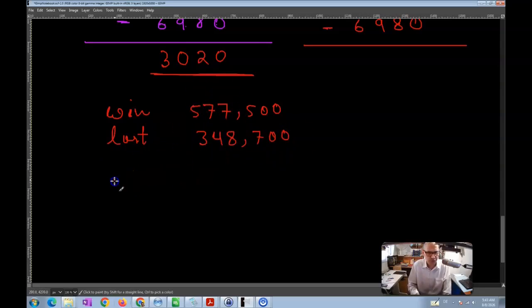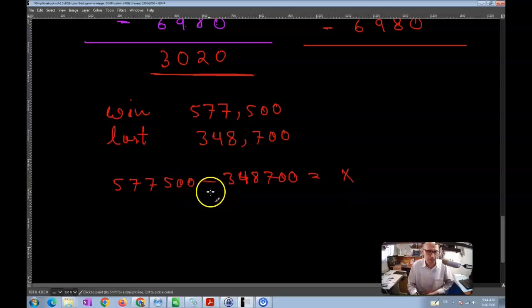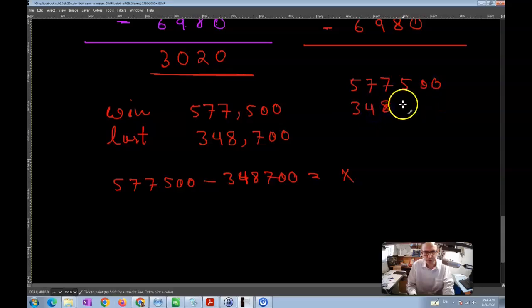You would just simply write it as 577,500 minus 348,700, and then you would find essentially the difference over here, or you can write essentially 577,500 minus 348,700, and then basically subtract, and then you would find the answer over here.